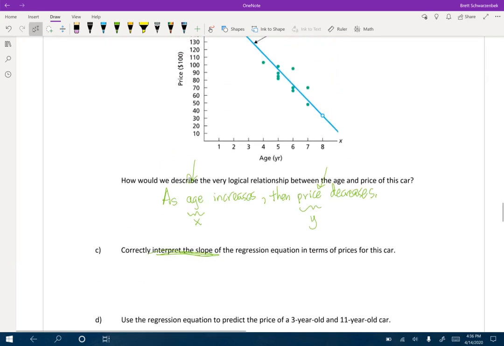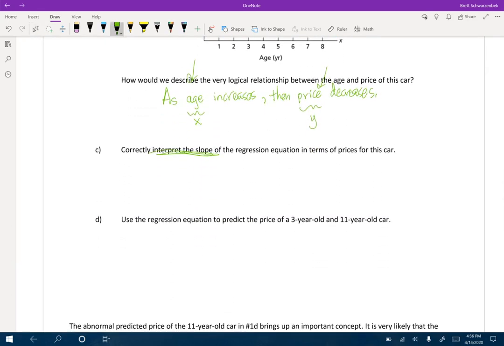This is what you wouldn't write for this problem, but I'm going to write it almost like a formula. It's the change in y per every 1 unit change in x. Okay, that is the formula for doing so. So how would we say that?